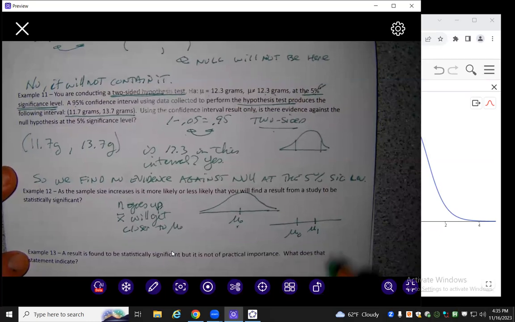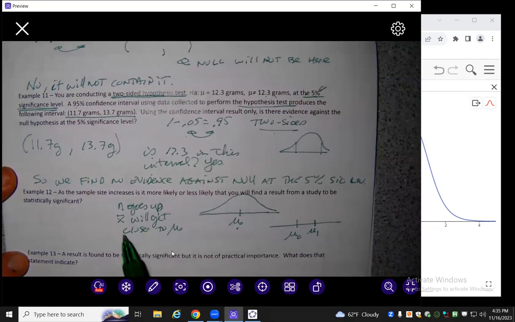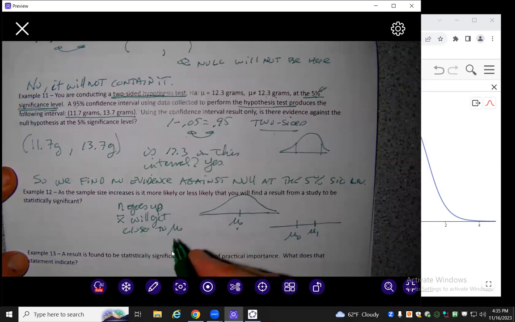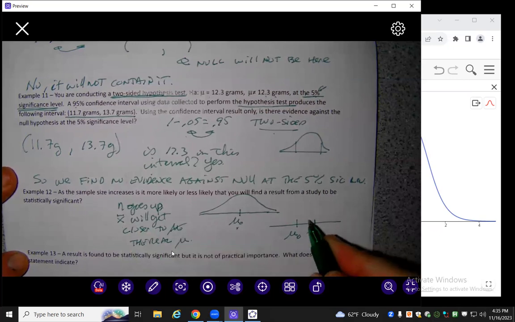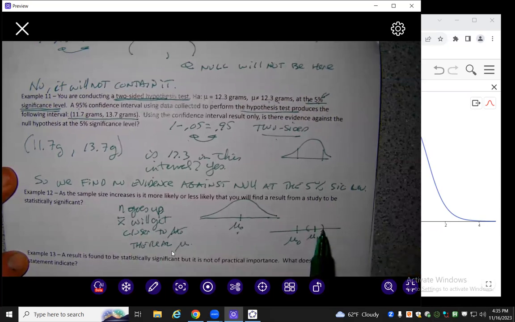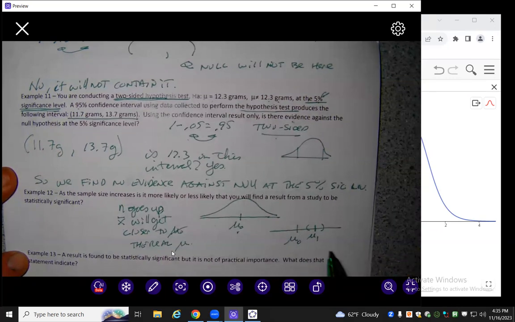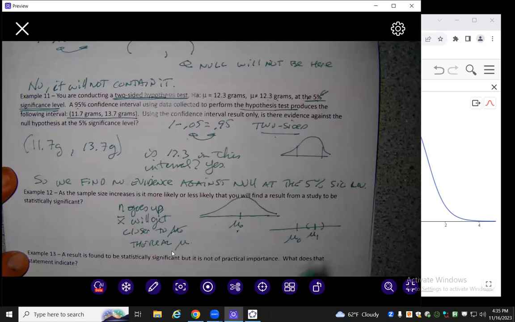So as n goes up, x bar will get closer to the real value, whatever it happens to be. So at some point, if n goes up, this confidence interval will get tight and not include this little fellow. Eventually it will price this guy out.